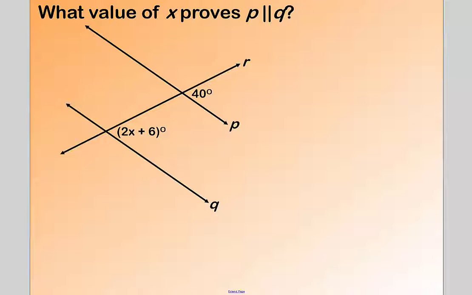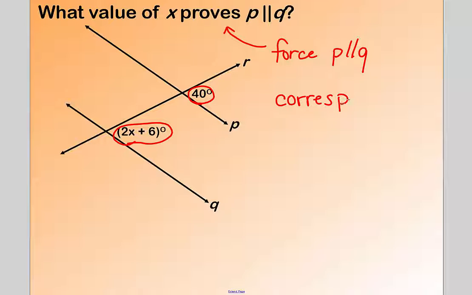Okay. And what value of x would prove P to be parallel to Q? Again, that would mean force P to be parallel to Q. So I'm going to look at these two. I can tell that their relationship is corresponding angles.